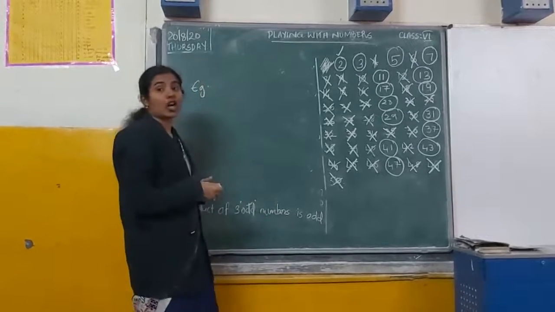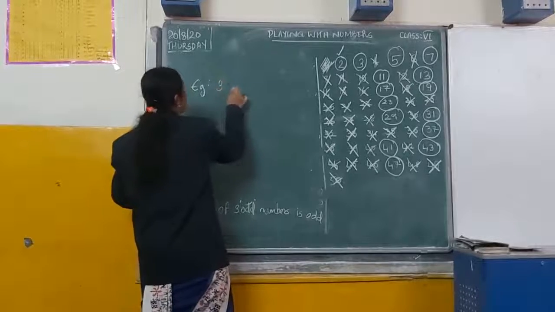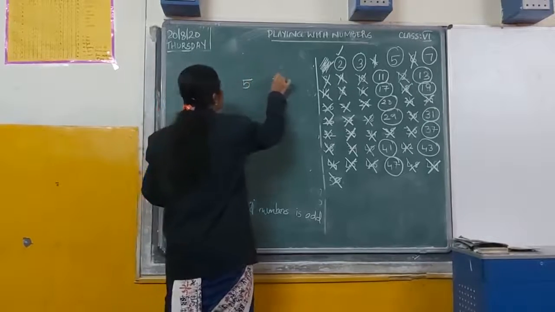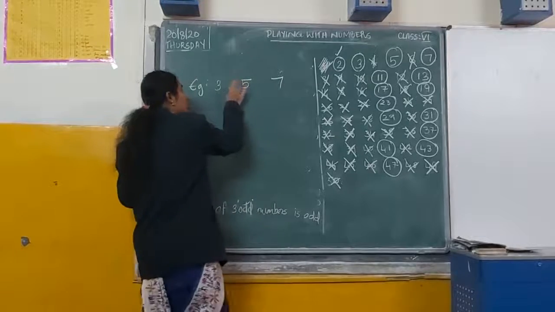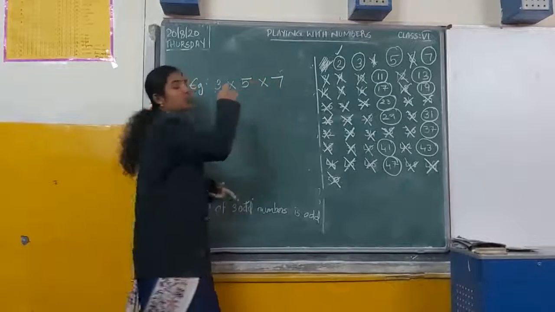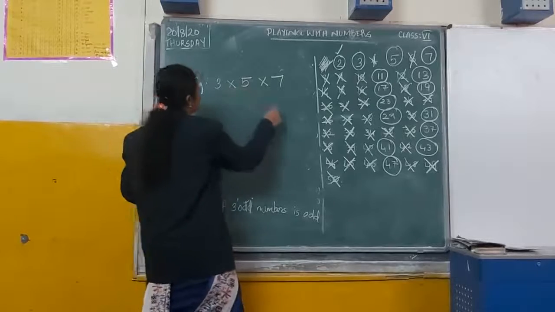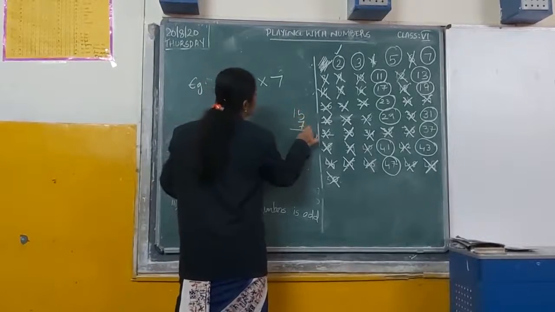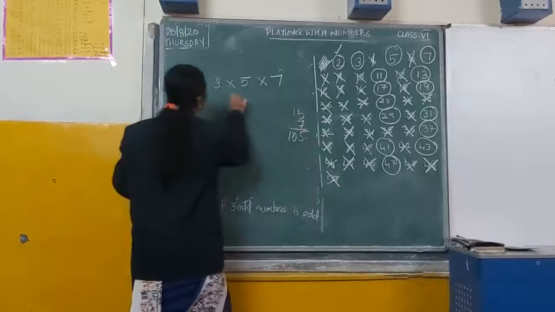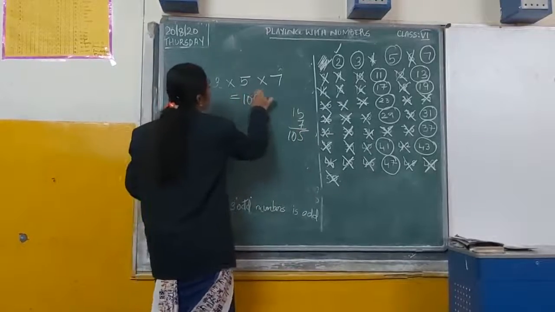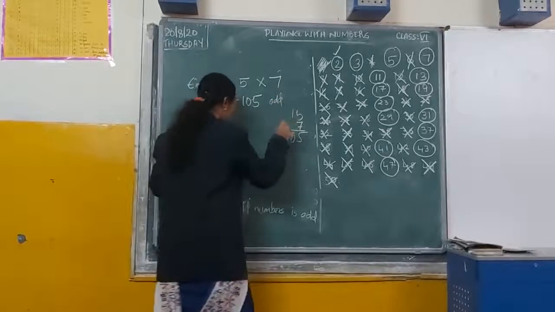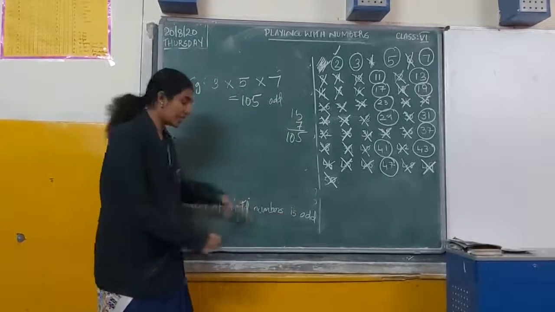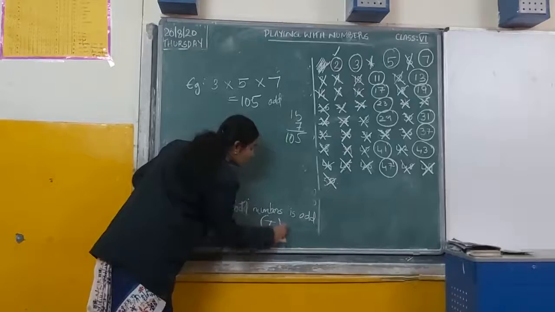You should take three odd numbers, so 3, 5, 7. 3 fives are 15. 15 sevens are 105. Is it odd or even? That is an odd number. So this statement is true.